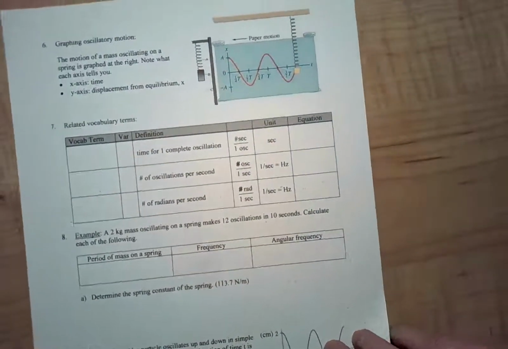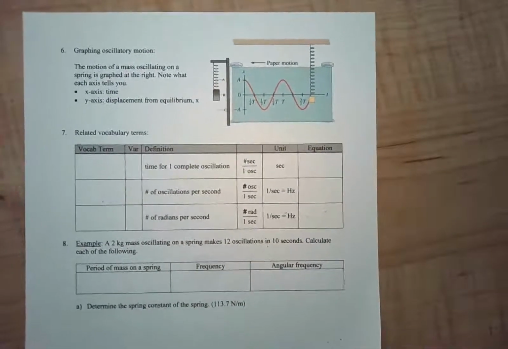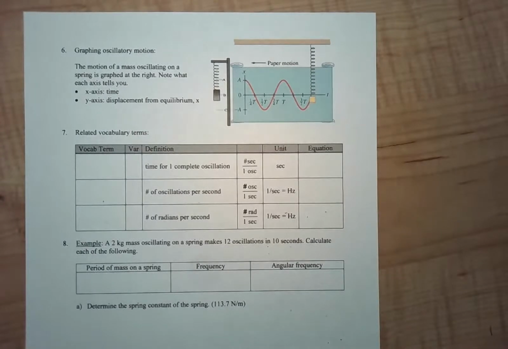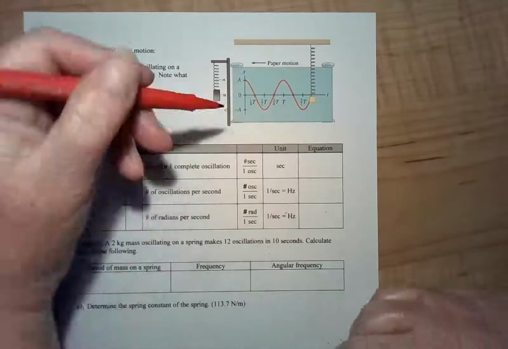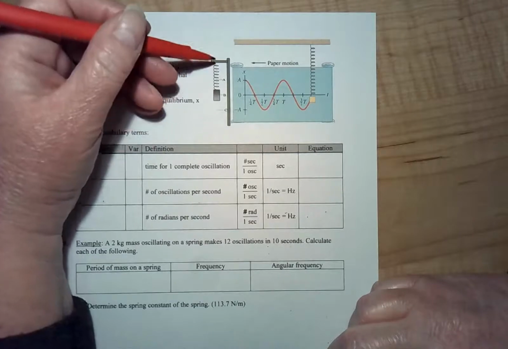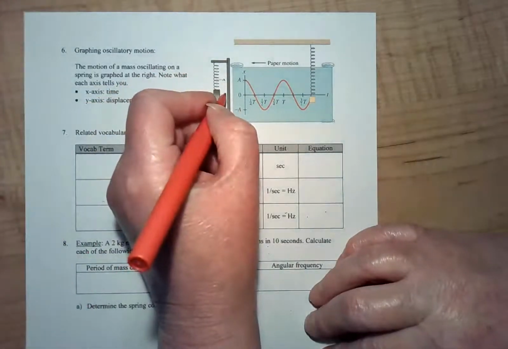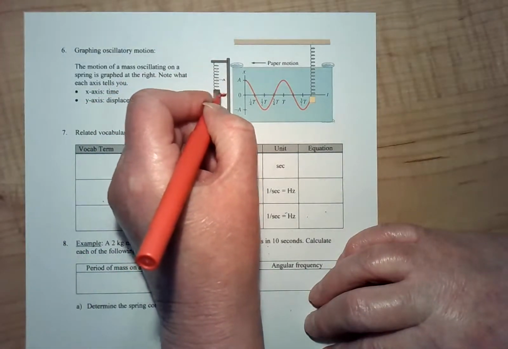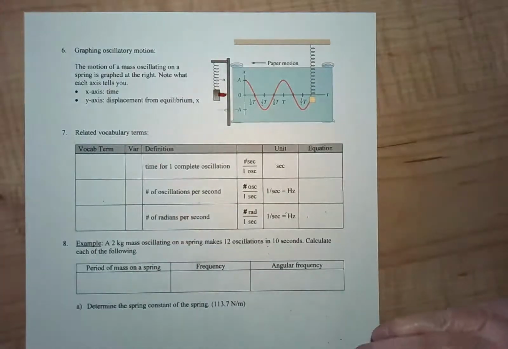Okay, on this next page, we're going to look at a graph as a function of time of a mass that's oscillating up and down. So if you can try to picture it this way, what if I had this mass on a spring that's boinging up and down, and let's tape a red magic marker to the mass.